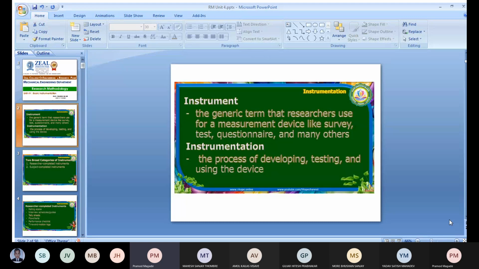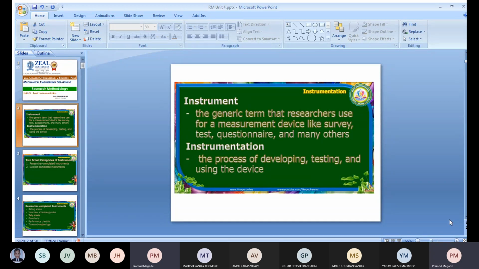The process of developing, testing, and usage of various devices as per the required condition.